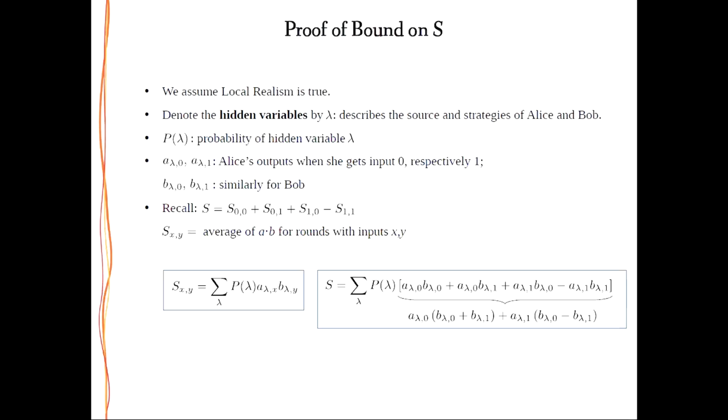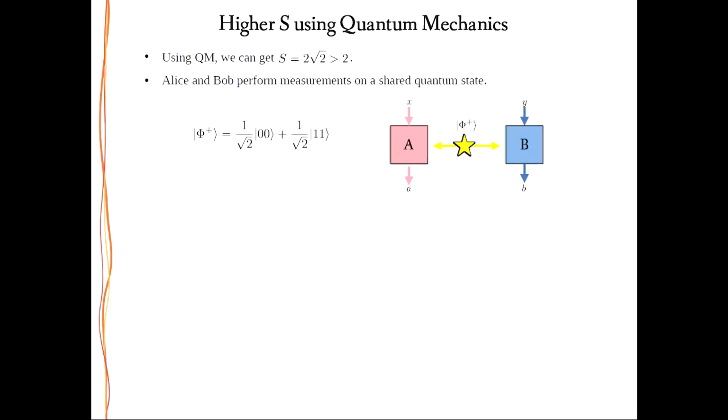Then you can rewrite these four terms like this. There are basically 16 different possibilities for choosing these four numbers: 2 times 2 times 2 times 2 is 16. If you plug all those possibilities in, you will see it's always between -2 and 2. But we take the average of this number, so the average will also be between -2 and 2. That's basically the proof.